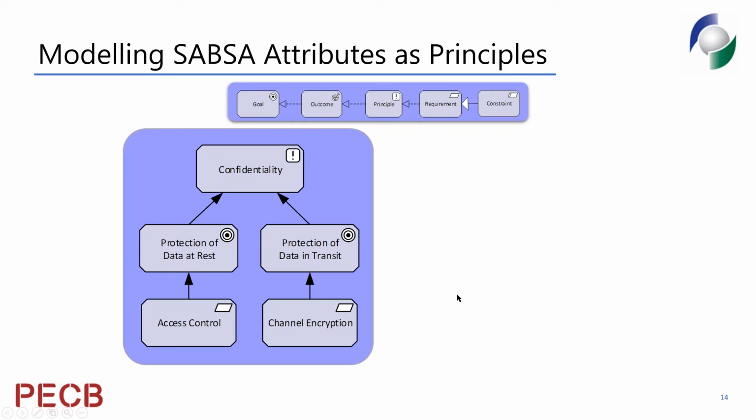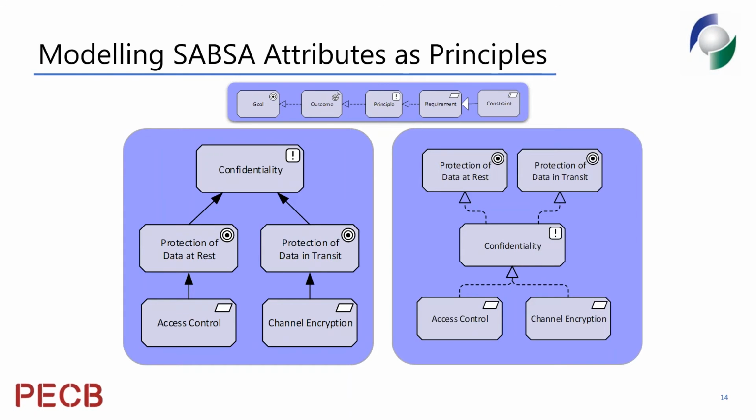But if we were bound by that native structure, putting principles in the middle, what we would end up creating is kind of a model where confidentiality becomes kind of like a node in the middle that's breaking up our path between access control and data in transit, data at rest, and channel encryption.